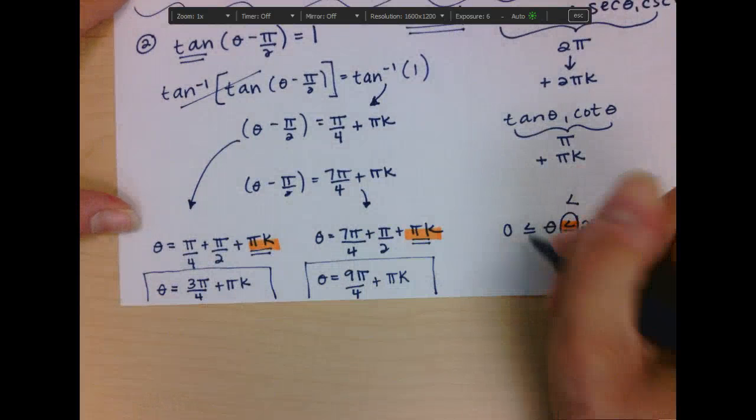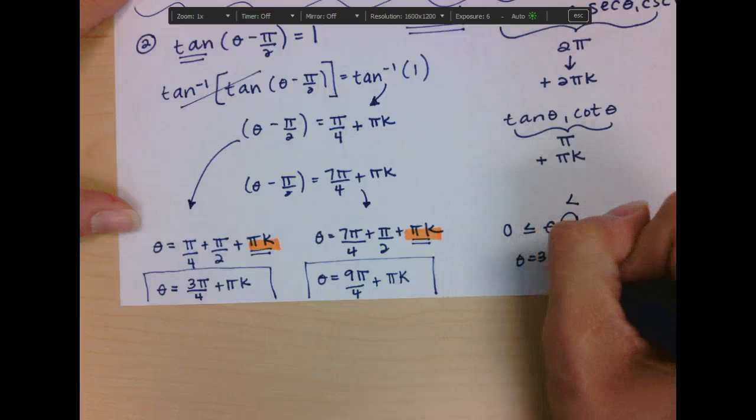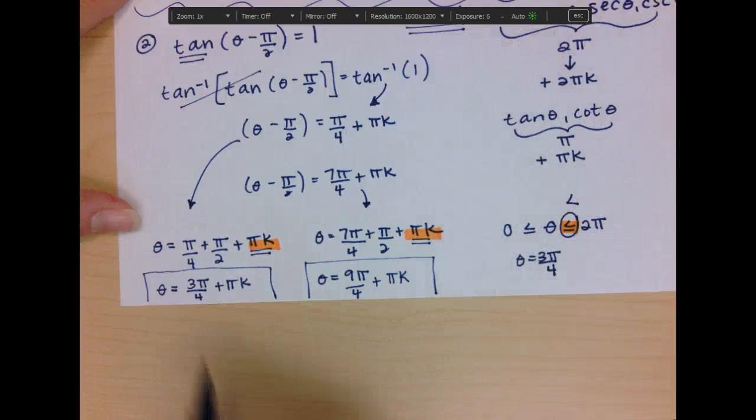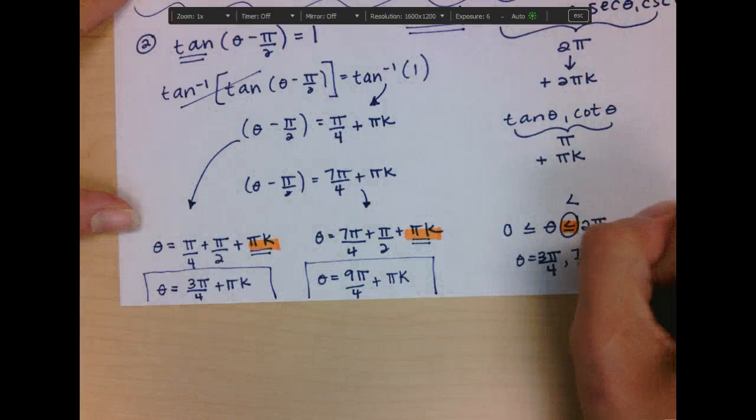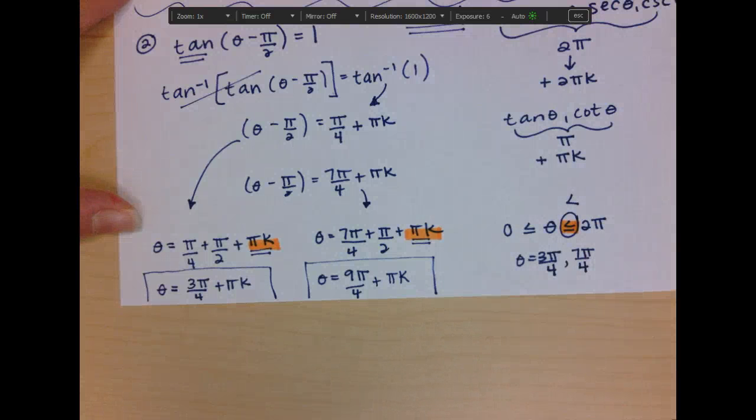So 3 pi over 4 clearly is. And then if we add pi k to it, so I'm going to take 3 pi over 4 and add 1 pi, that gives me 7 pi over 4, and that is within our given range.